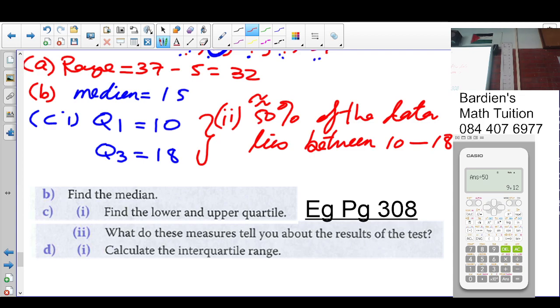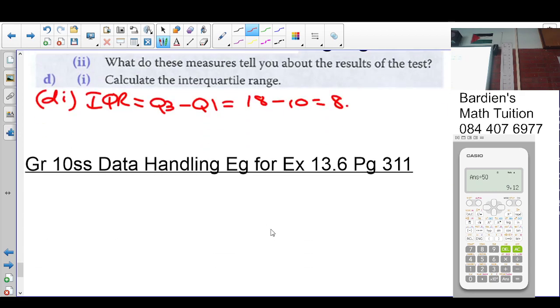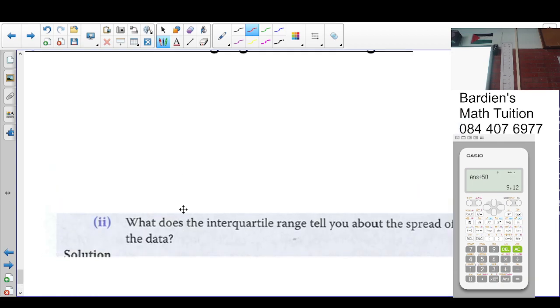Then D1 says you must calculate your interquartile range. Your interquartile range is Q3 minus Q1, which is 18 minus 10, which is 8. Now, what does the interquartile range tell us about this data set?